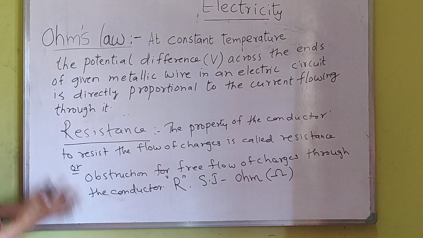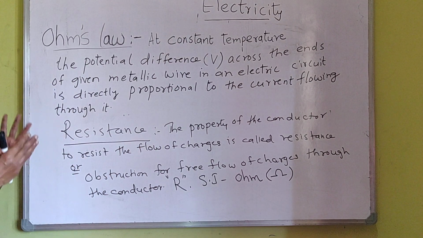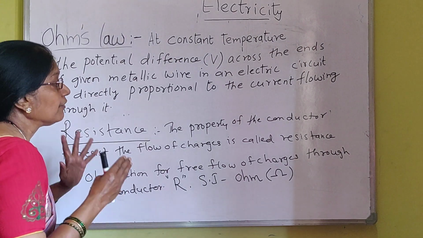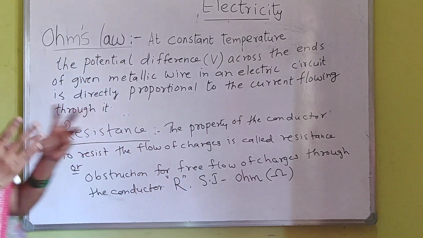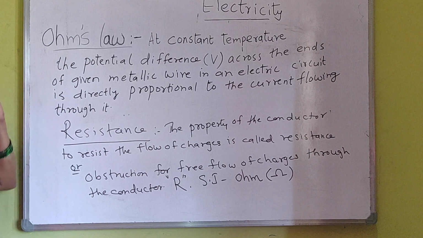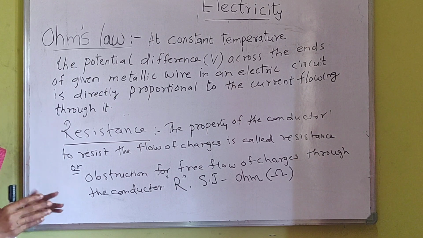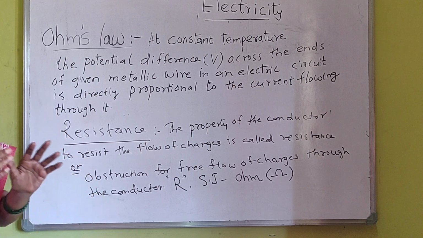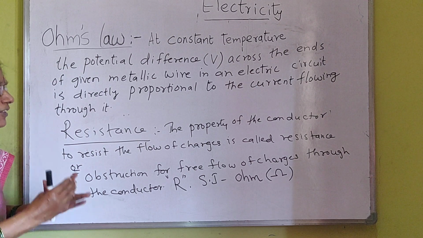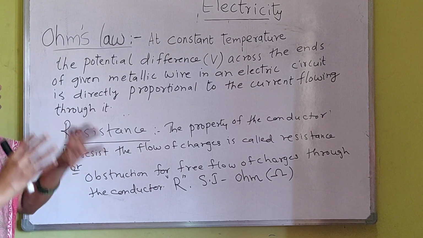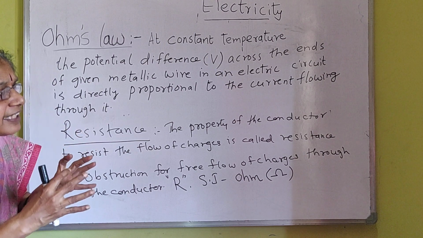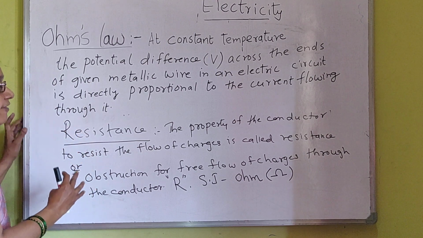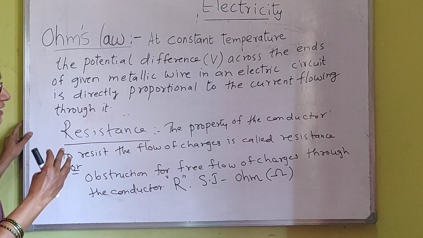Then what is meant by this resistance? It is a property of a conductor to resist the flow of charges. It is present in the conductor. All the conductors have this property. The flow of the charges will be obstructed. So there will be no free flow of charges.